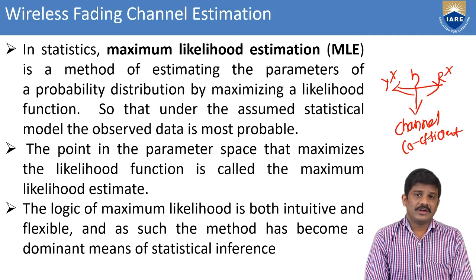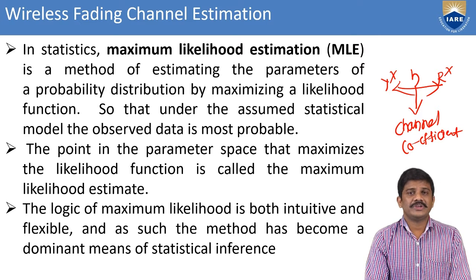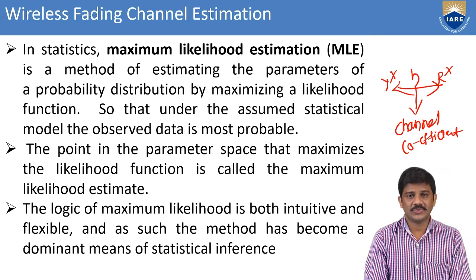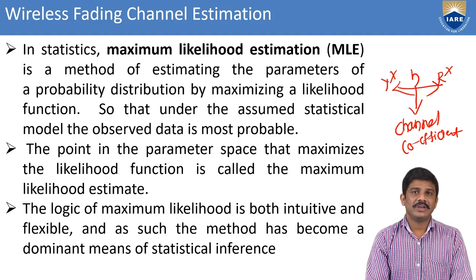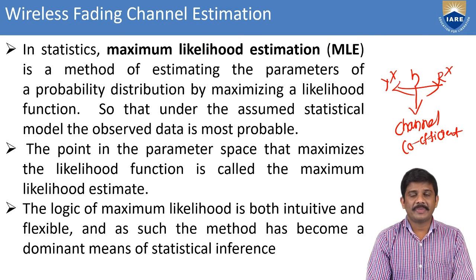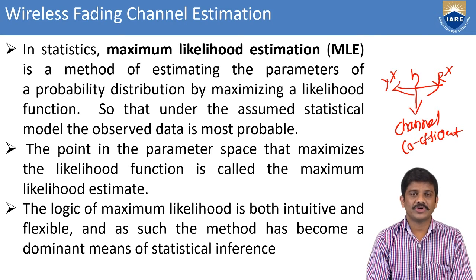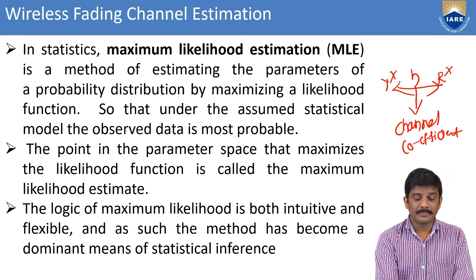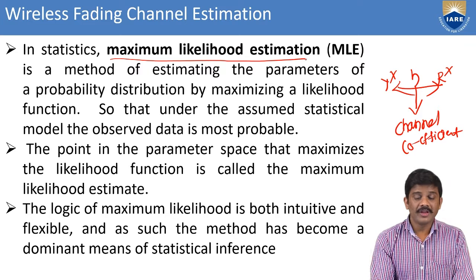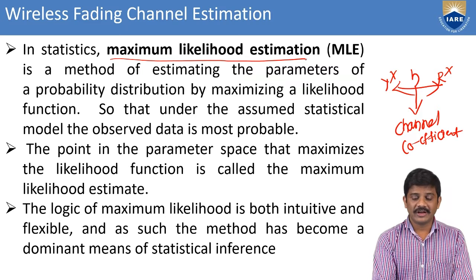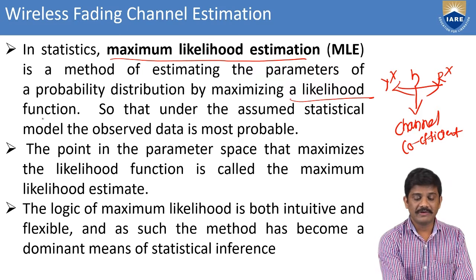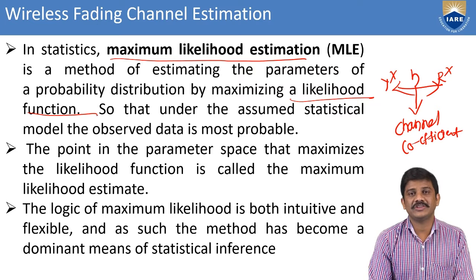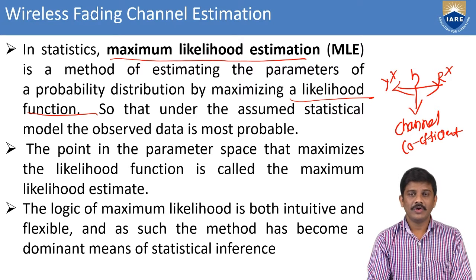Coming to maximum likelihood estimation, that is MLE, it is a method of estimating the parameters of a probability distribution by maximizing the likelihood function. Whenever you maximize the likelihood function, then only we get the maximum likelihood estimate, that is MLE.